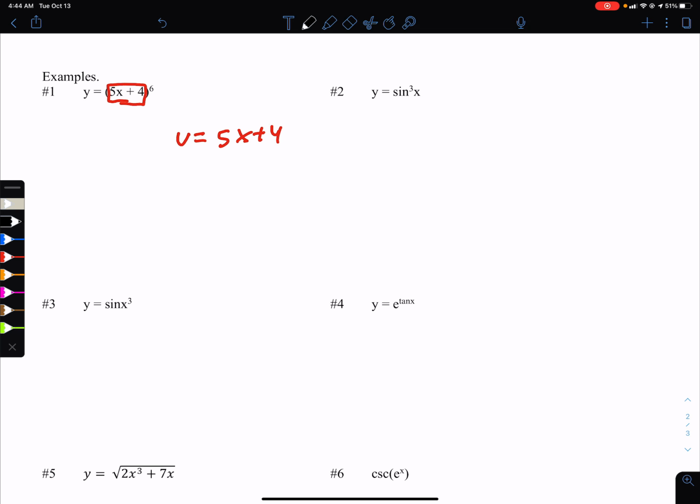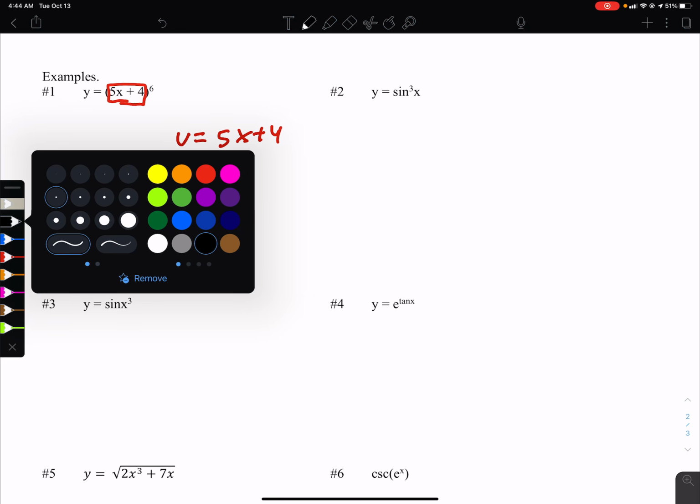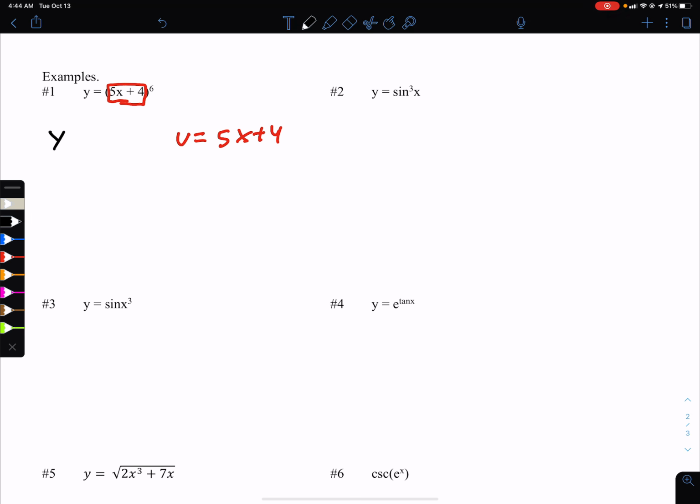Now, if I do that, my original function becomes y equals u to the 6th. So hopefully you see what's happening. I've defined u as 5x plus 4. So this whole thing here becomes u. So it's u to the 6th.